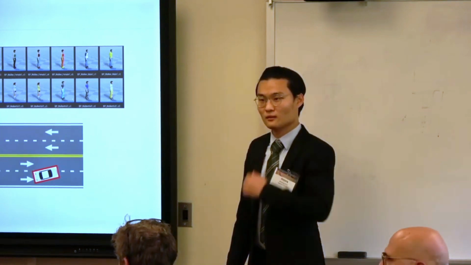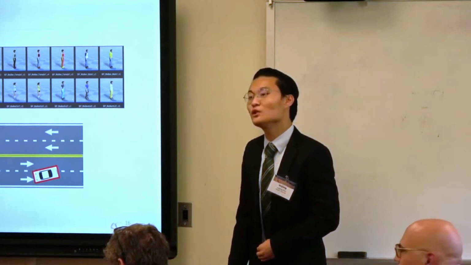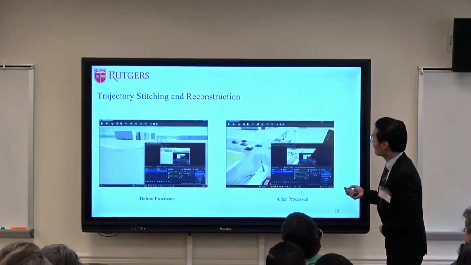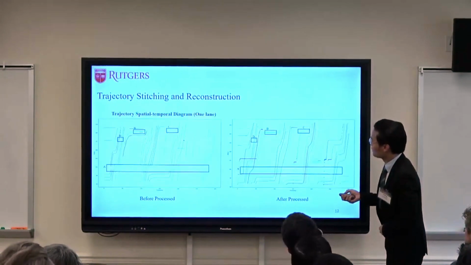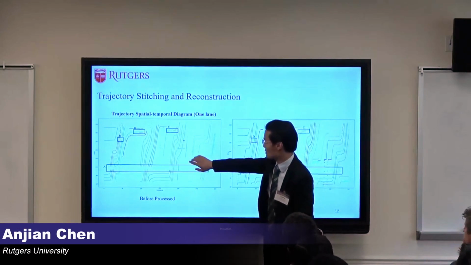If you do the projection and stitching, that considers lane changing as well. Yes. So you can see this is before the process. There are only a few points here.